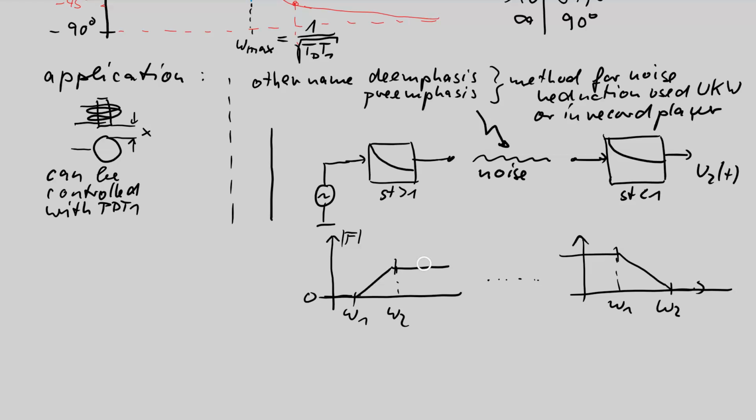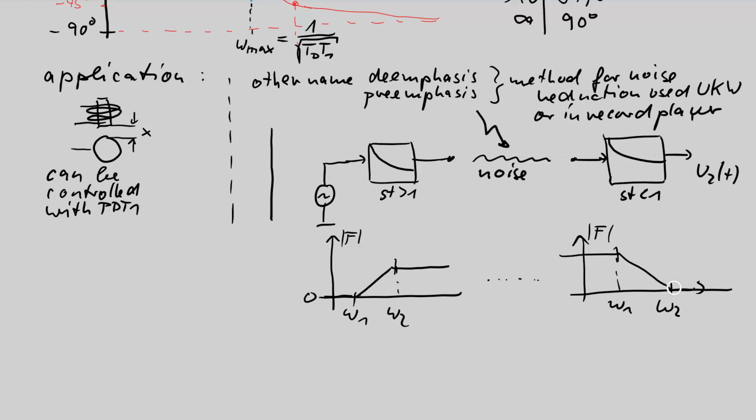That means all noise which is added here is suppressed exactly with the step depth value. So if the step depth is 20 dB, this is a factor of 10, then the amplitude increase here is a factor of 10, here the decrease is a factor of 10, then the noise in this region is damped with 20 dB, and this is very effective in noise reduction.